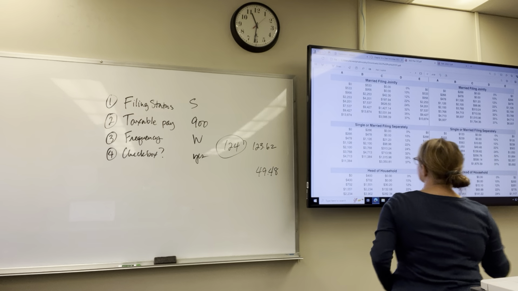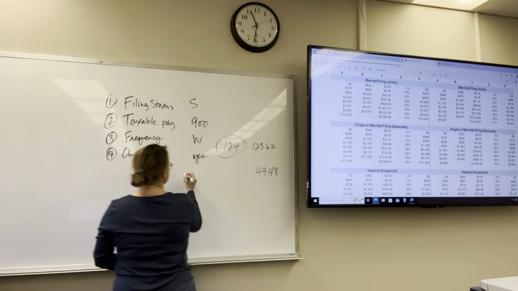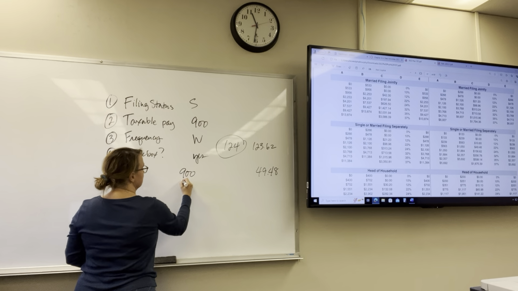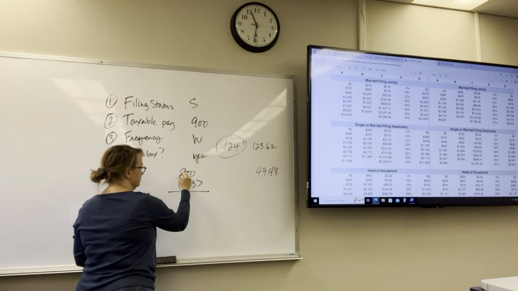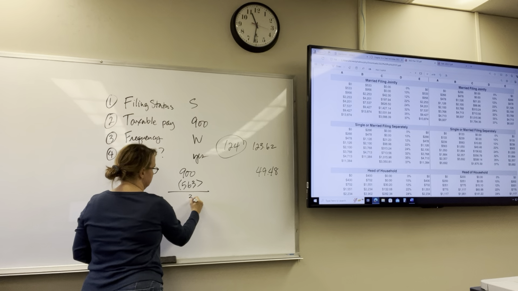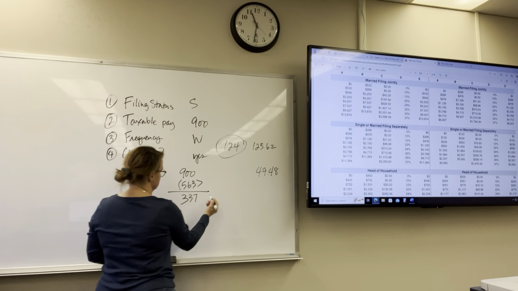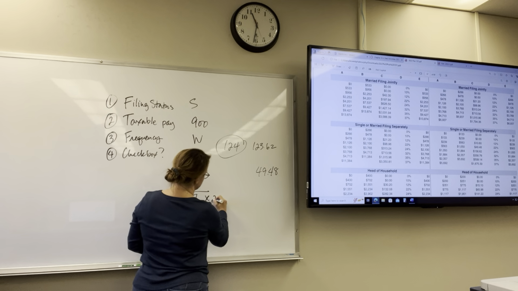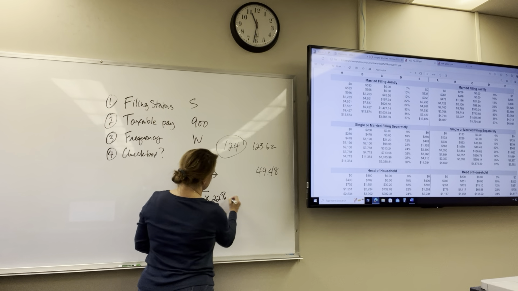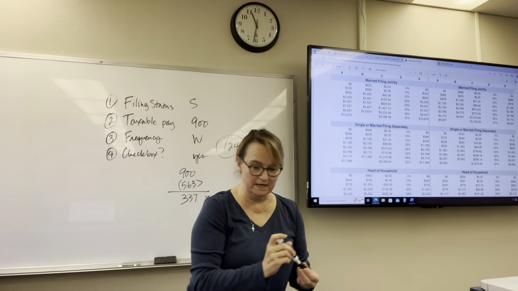So there's our tentative amount, and then we have to do the calculation: 22% of the amount over 563. So we'll take that 900 minus 563 to get, what do we got here? 337? Do I have that right? Yeah. Times 22% is the amount.